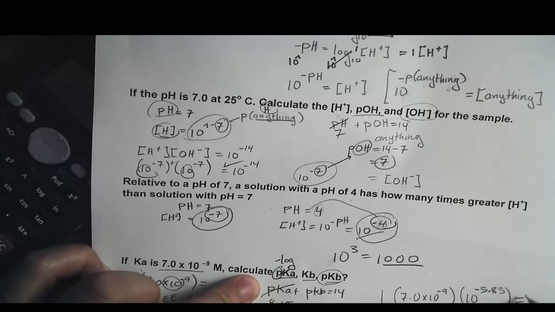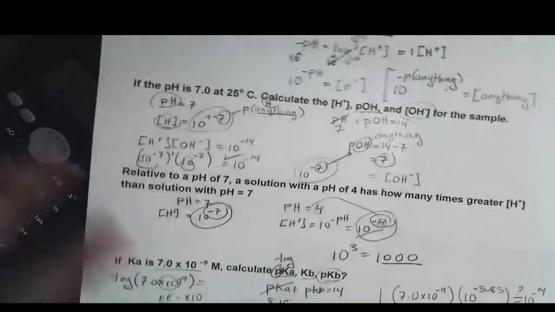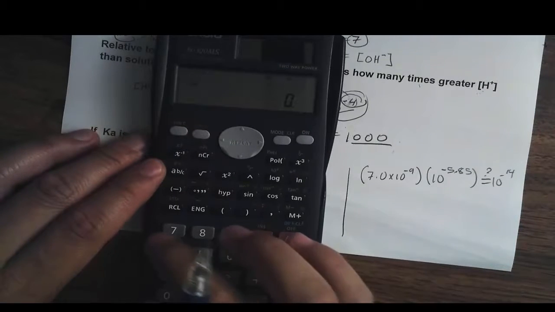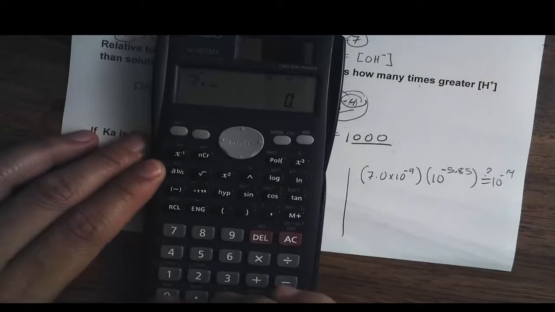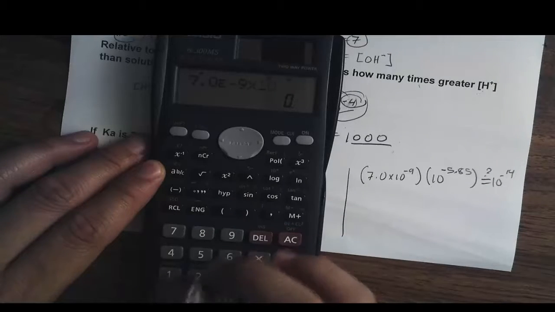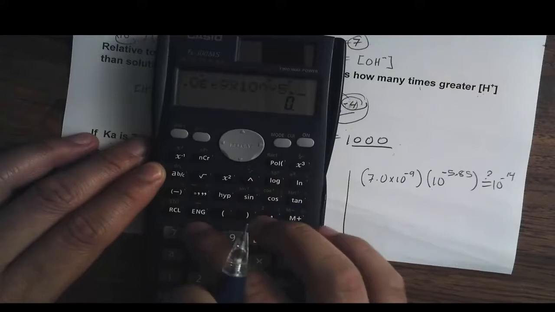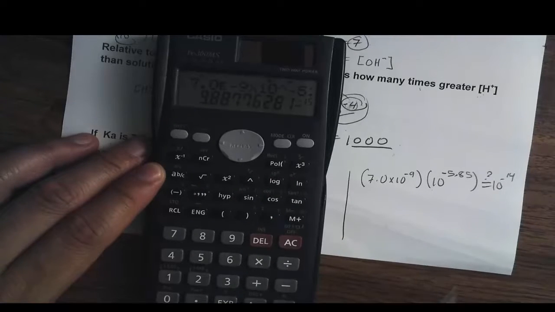Does that really equal 10 to the negative 14? Let's check. Let's plug this into our calculator: 7.0 EXP negative 9 times 10 to the power of negative 5.85.